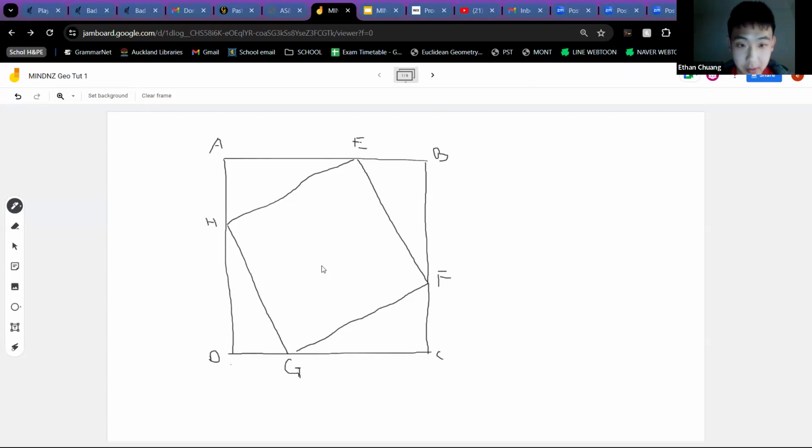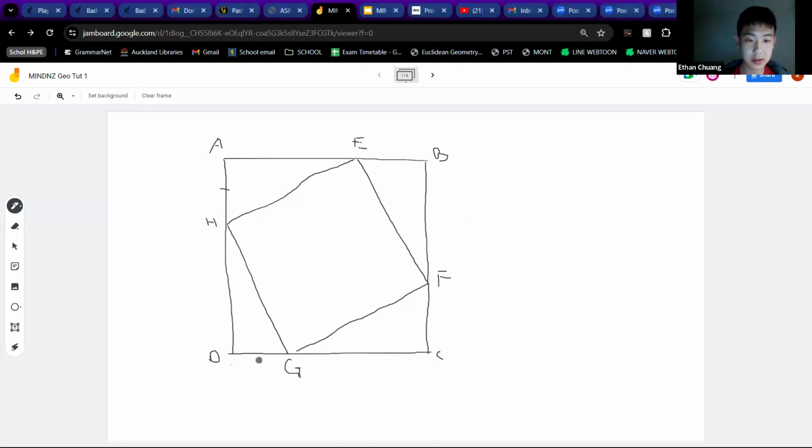AH, EB, FC, and DG. So you're saying this side, this side, this side, and this side are equal. Okay, but why are they equal though? It's not immediately obvious why they're equal. How do you know for certain that these sides are equal?